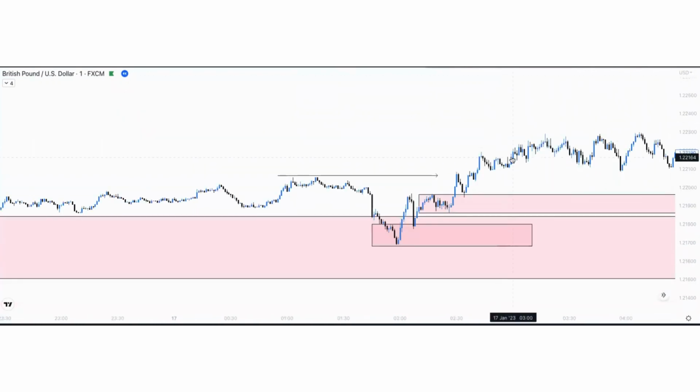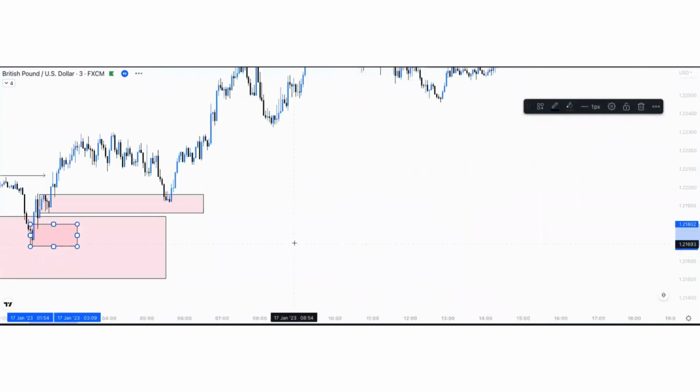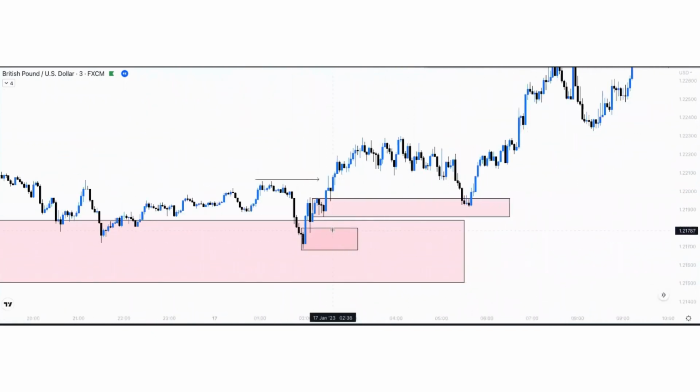But you can always set a minimum time frame, like you'd like to see a refined OB in 3 minutes or 5 minutes. That's fine. On this area I didn't see any order block, but I can see some, like this one.